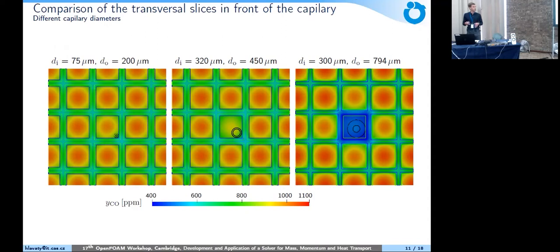The second is that when we use, on the other side, a very small capillary, then it's very near the catalytic material, where the local conversion of carbon monoxide is also higher than the whole channel average. So we try to find some optimal capillary size and its sampling rate to obtain channel average data of the conversion.